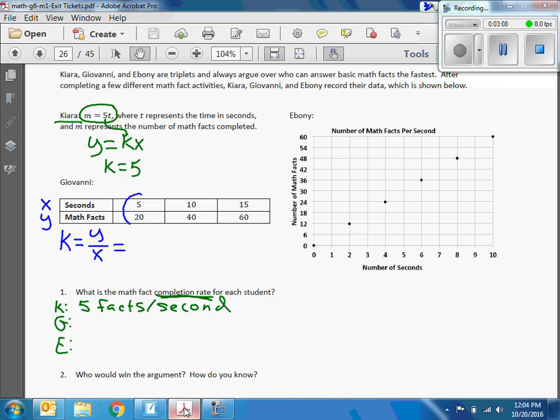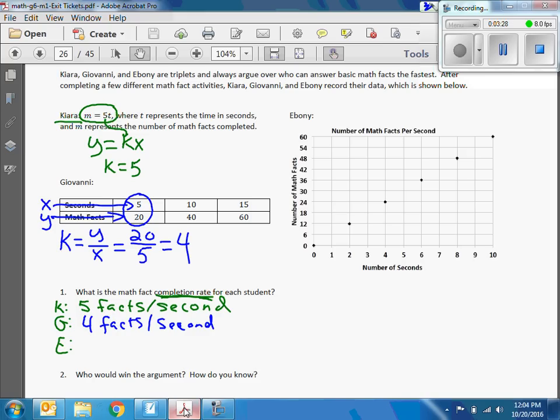Smaller is easier, so I'm going to choose this one. And Y is 20, and X is 5. So it's 20 divided by 5. So for Gio, his K is 4. So that means 4 facts per second.